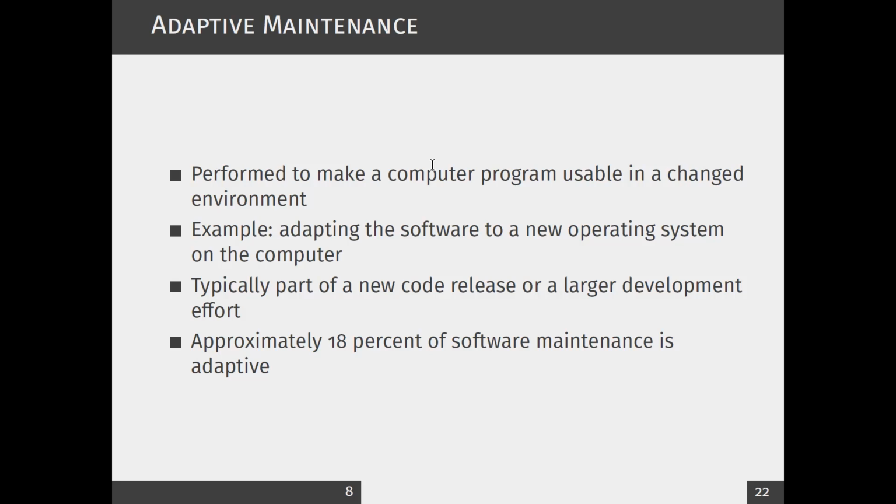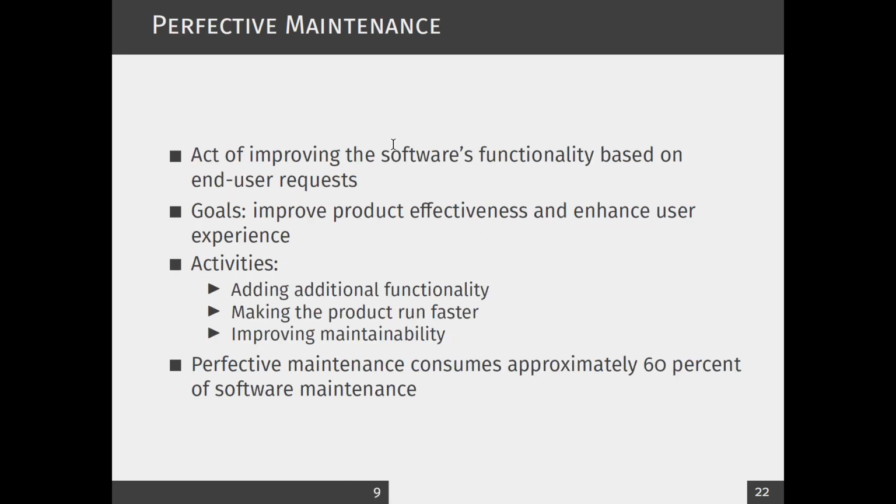Okay, now that we have discussed two types of maintenance, corrective and adaptive, let's focus on the third one. The third type is perfective maintenance, which is improving software functionality based on end user request. The goal is to improve the effectiveness of the product and also enhance user experience.